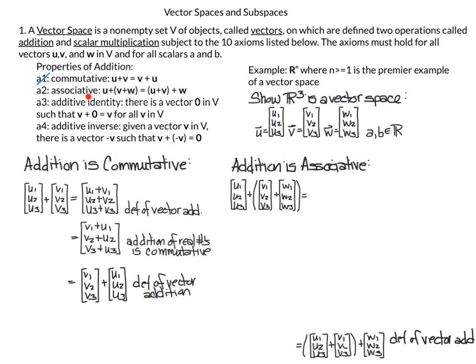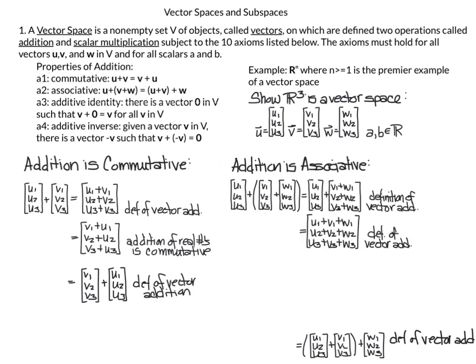So now we need to show that vector addition is associative. We need to show u plus v, plus w, is equal to u plus v plus w. So here I have u plus v plus w, and at the end I want to show that's u plus v plus w. I've just rewritten this in terms of my R3 vectors, written out as components u1, u2, u3, etc. I have my u, and this says I need to add v plus w first.